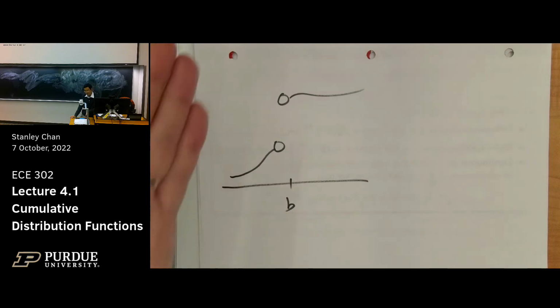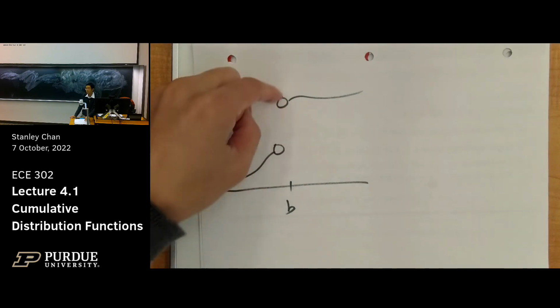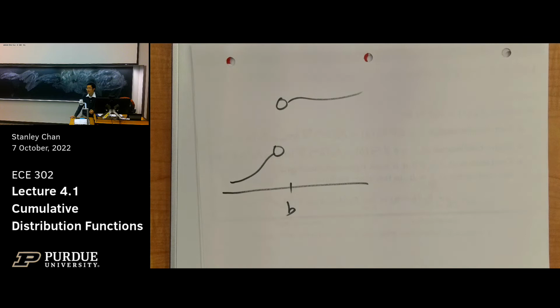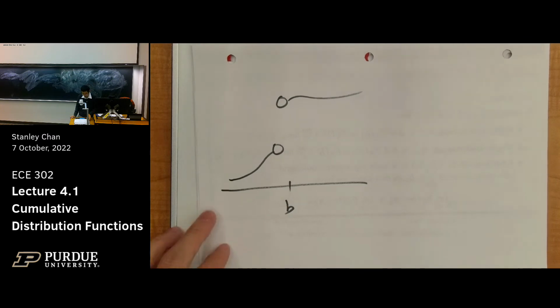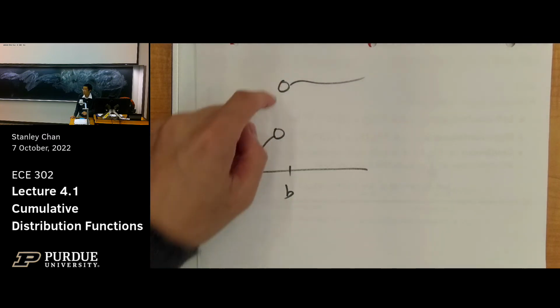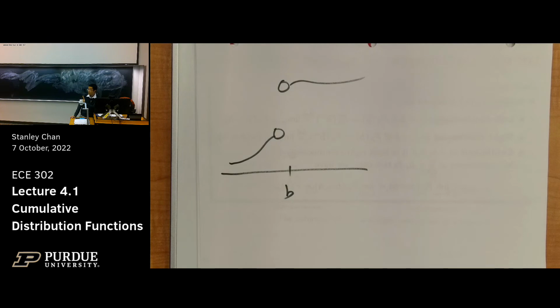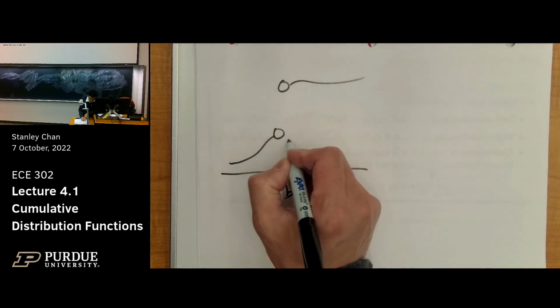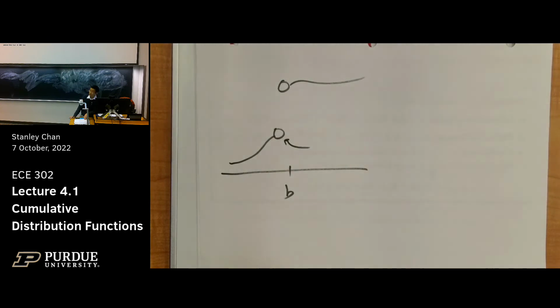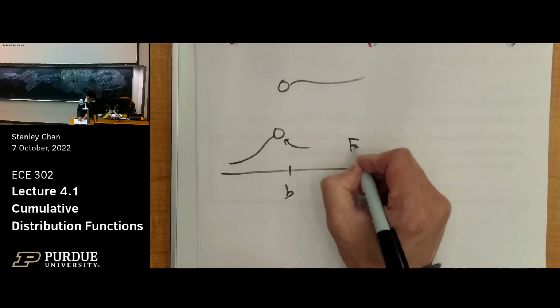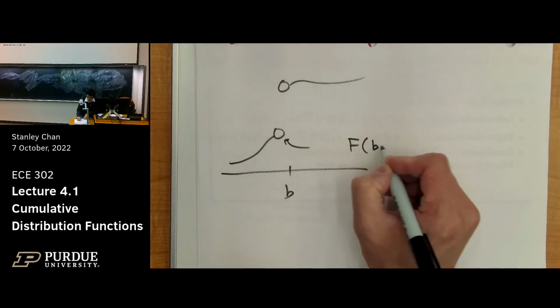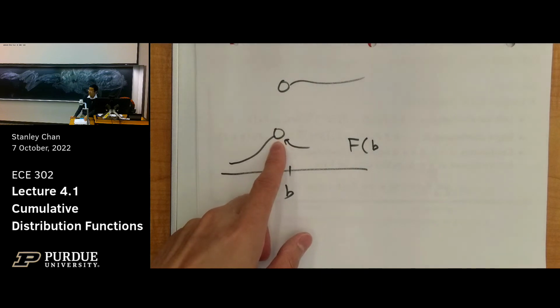Clearly, this function is not defined at this point. I want to find out the two different values at the empty circles. Let's talk about this empty circle. What is this value? This is f of b, but this is not defined.